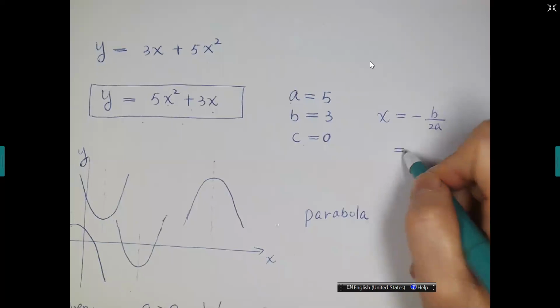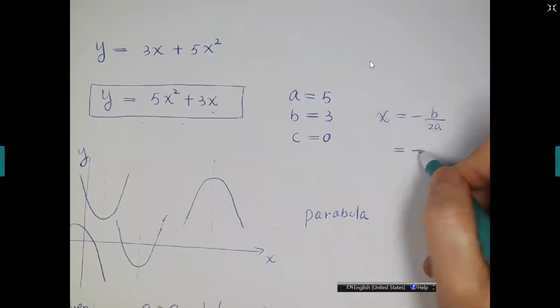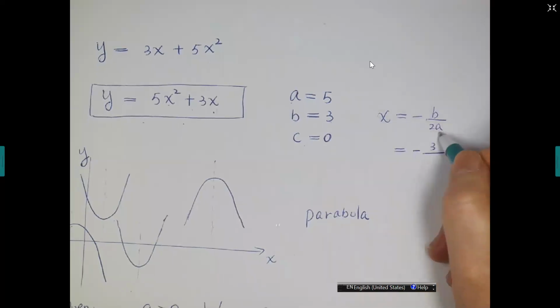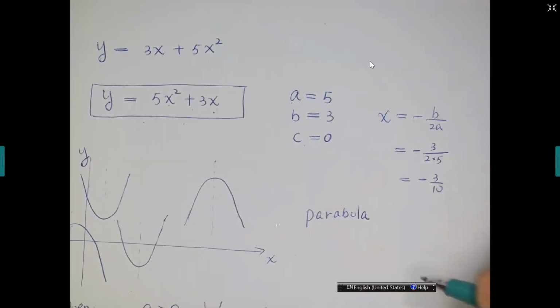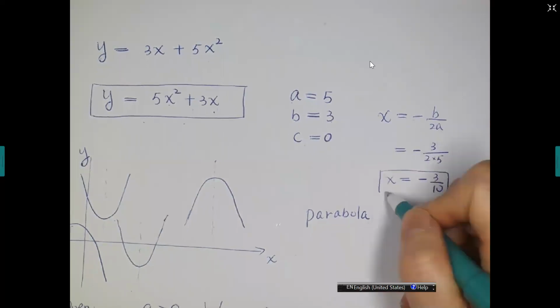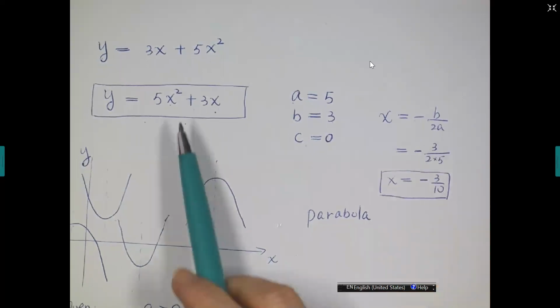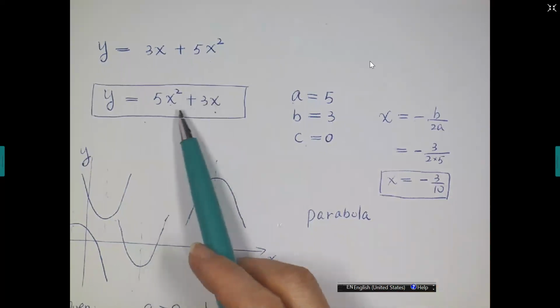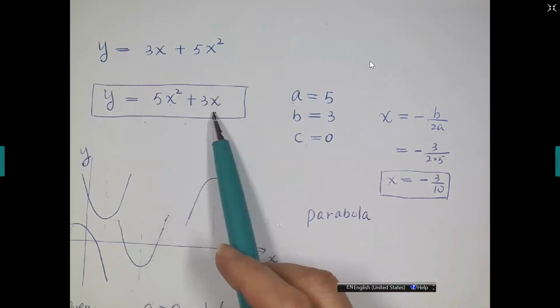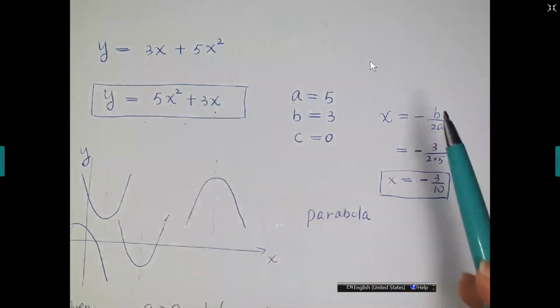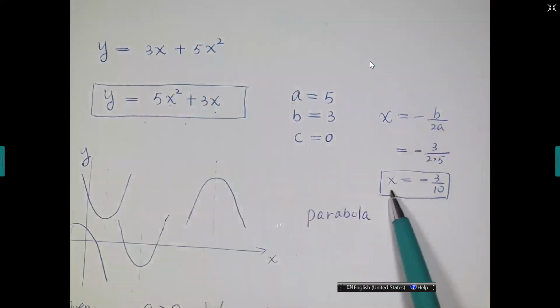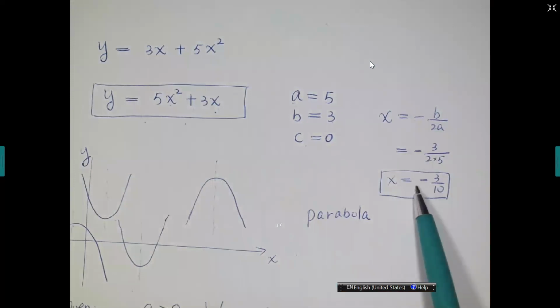So b is 3, so negative 3 over 2 times a, 2 times 5. That will be negative 3/10. If we plot this quadratic equation, we'll get a parabola here, and this parabola has a line of symmetry of x equals negative 3/10.